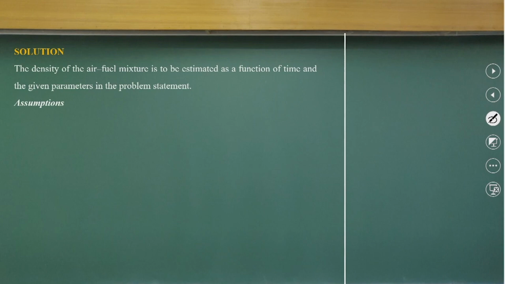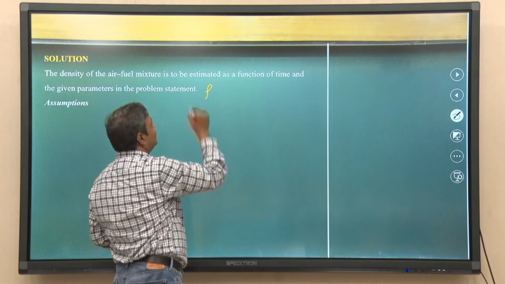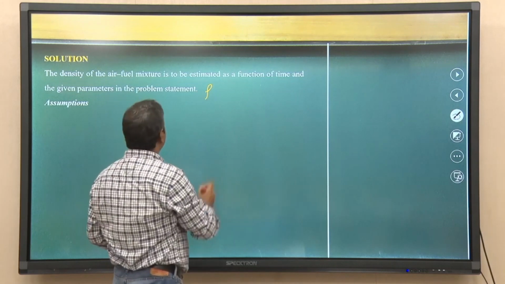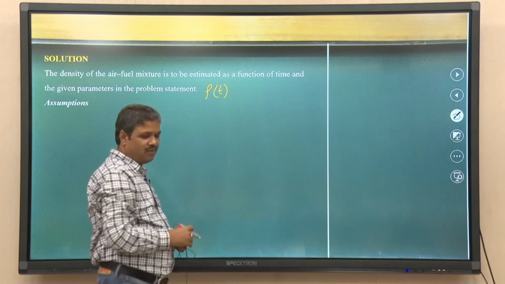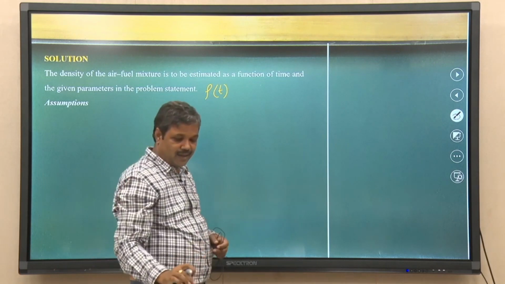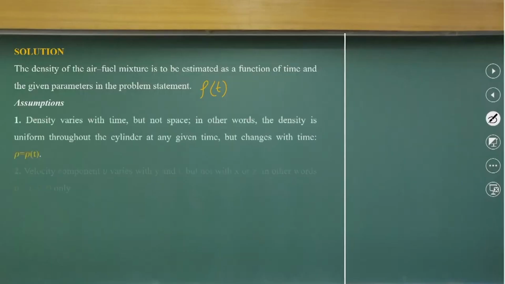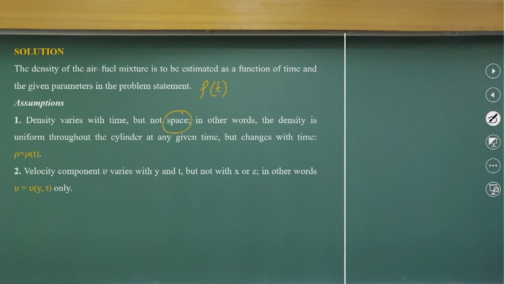We are looking at rho, which is a function of time. That is the assumption: density varies with time, and does not vary with space. That means we are not considering variations within the piston.